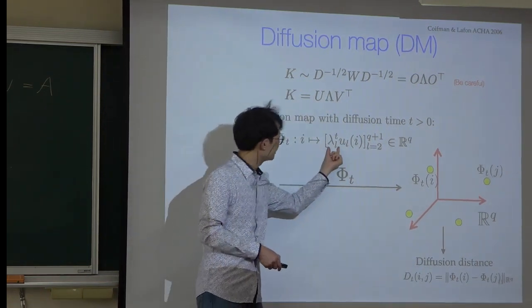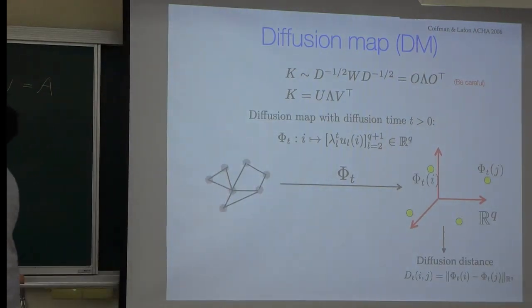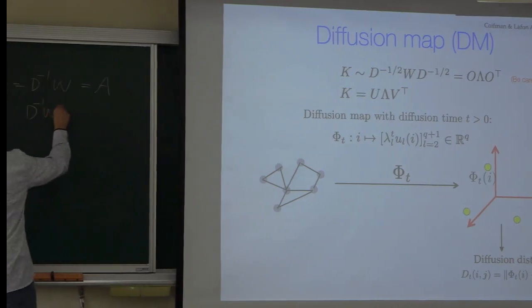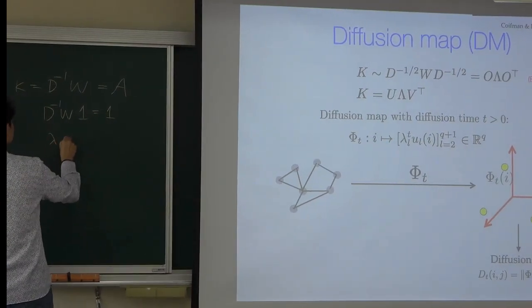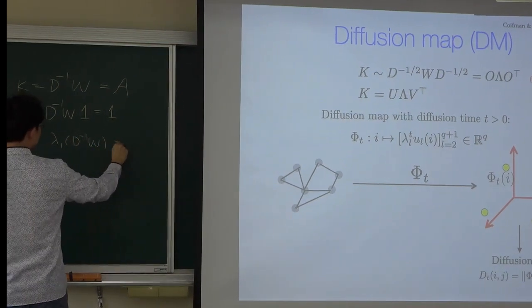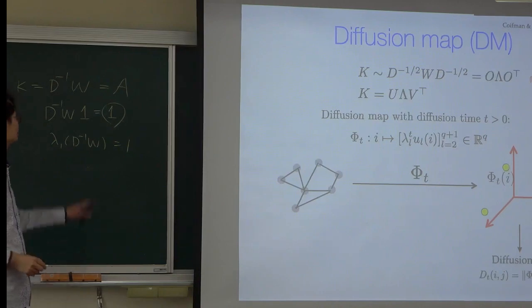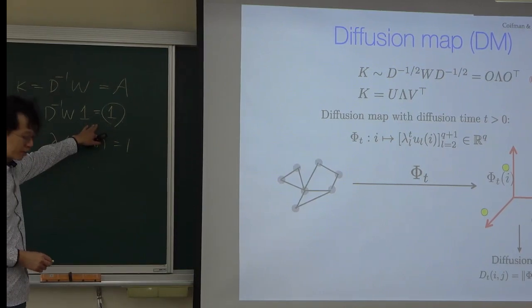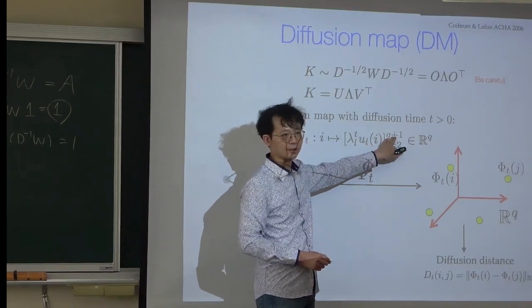The top one will be ignored because the top one is always 1. You see, D inverse W times 1 is always 1. So the first eigenvalue of D inverse W is always 1, but this eigenvector is trivial, so it's not really useful. We do not really use it. So we only use starting from the second eigenvector up to Q plus 1.